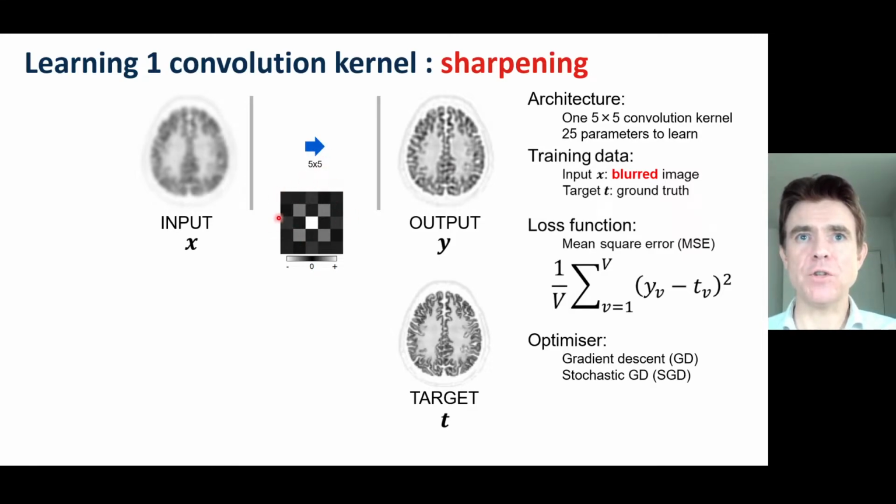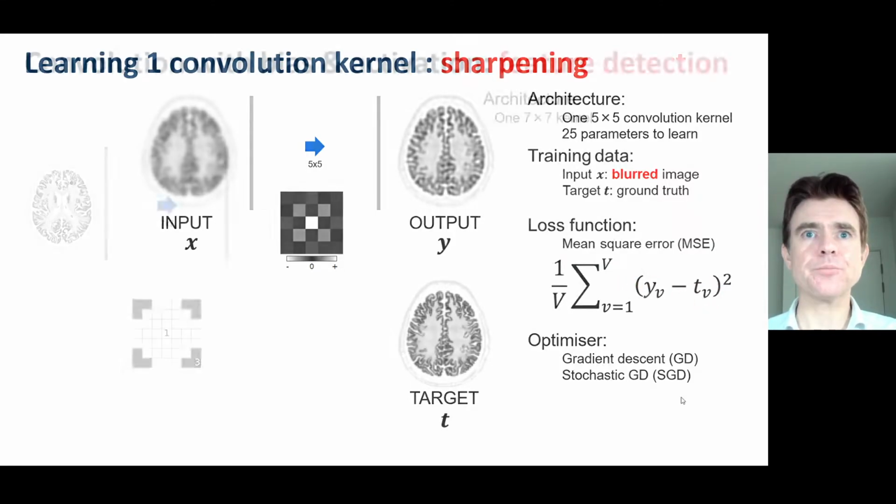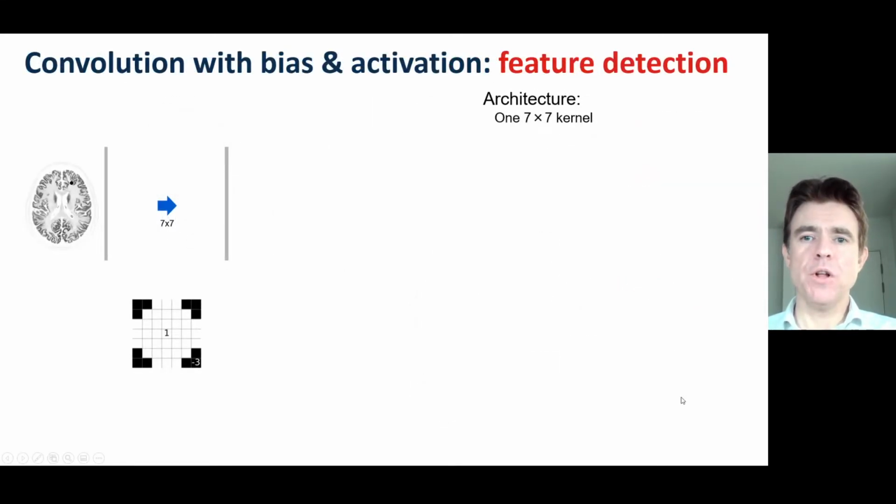We have learned the kernel that we need to go from a blurry image to a sharpened image by trying to find the parameters that minimize the discrepancy between y and the target t as captured in the mean square error loss function. Okay, so that's just a little idea of the power of just one tiny little convolution kernel.